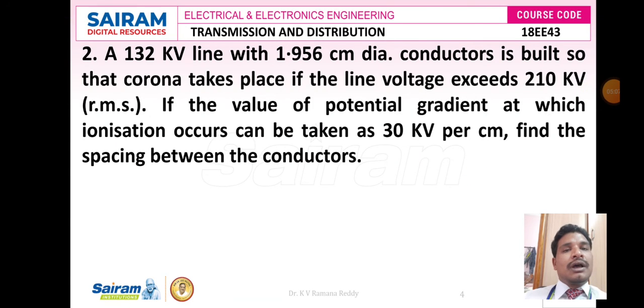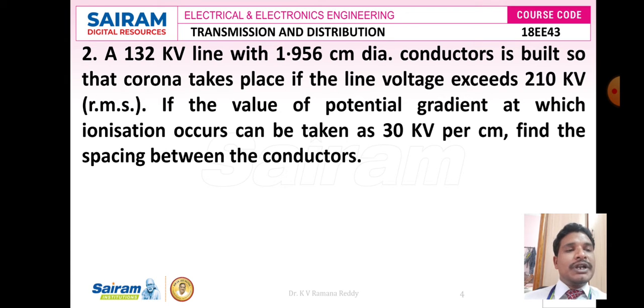Next, we are going to discuss one more problem. A 132 kV line with 1.956 centimeters diameter conductors is built so that corona takes place if the line voltage exceeds 210 kilovolts RMS.